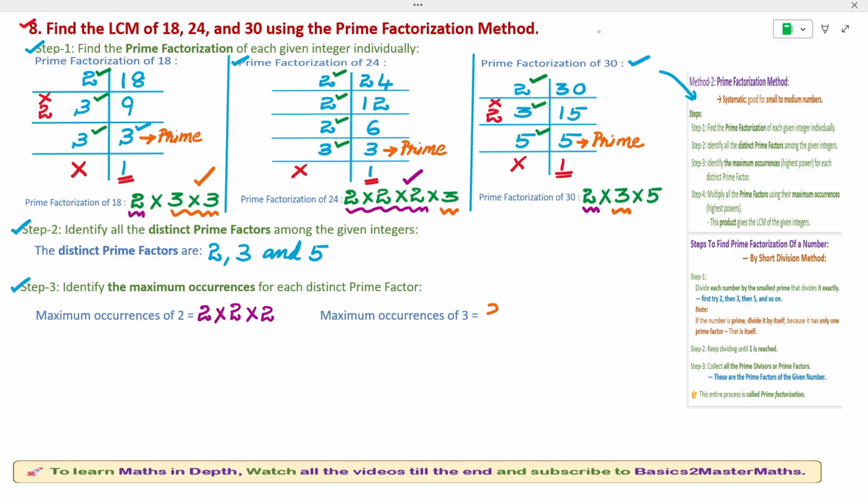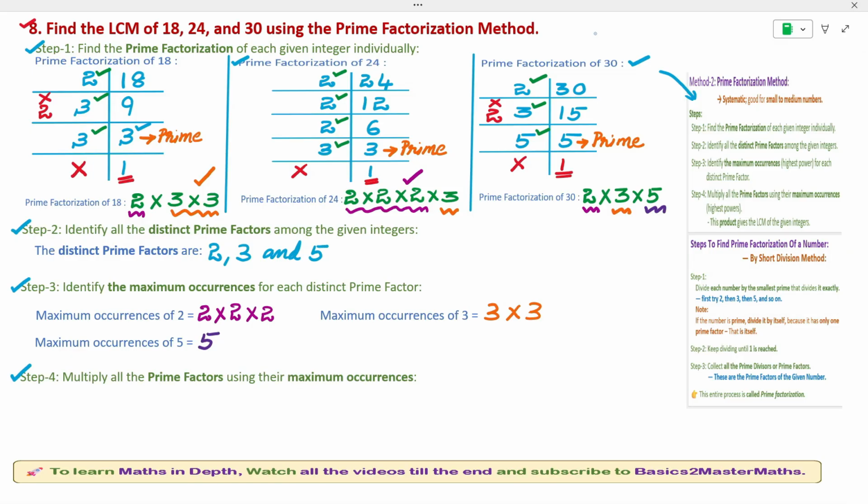So, we consider 3 multiplied by 3 as its maximum occurrences. But 5 occurs only in the prime factorization of 30. So, we consider 5 as its maximum occurrences.